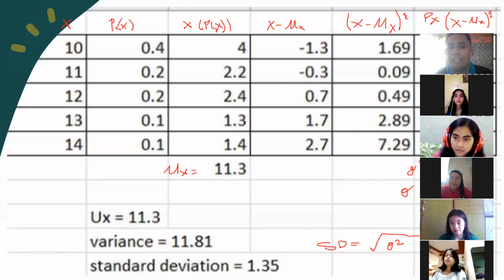So papasok tayo sa isang way pa. Sabi nga natin, this is the way kung saan ginamit natin yung mean in order to look for our standard deviation and variance. I'll be teaching you again another way in order to find the standard deviation and variance, but using our variable.